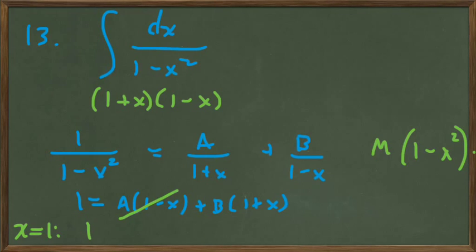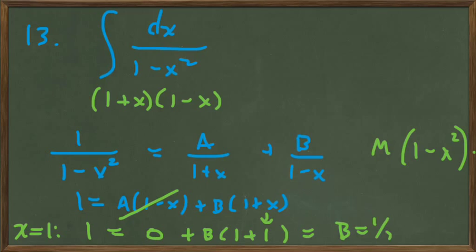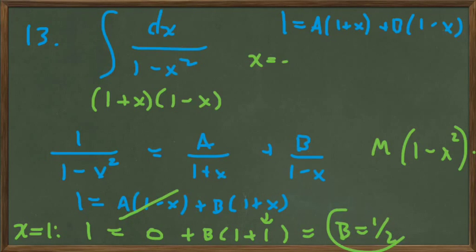This factor right here is zeroed out, so 1 equals 0 plus b times 1 plus 1, right, because we let x equal 1, and so that is 2b equals 1, or b equals 1 half. And then in the same equation, 1 equals a times 1 plus x plus b times 1 minus x, the other value of x that we want to choose is x equals minus 1. That zeroes out.